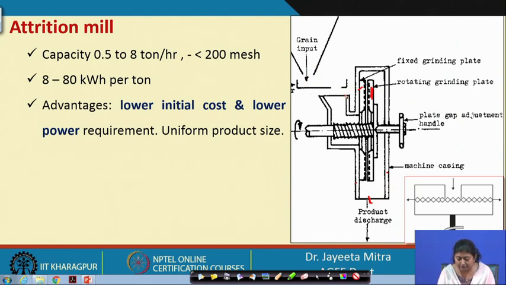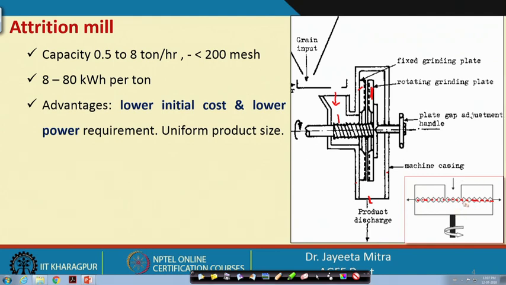The feed goes through the top section, and then there are threaded screws which take the feed forward to the gap between these two plates. The product sits between these corrugated plates, and because of the rotational motion the attrition mill works.